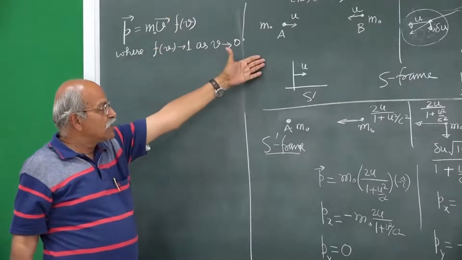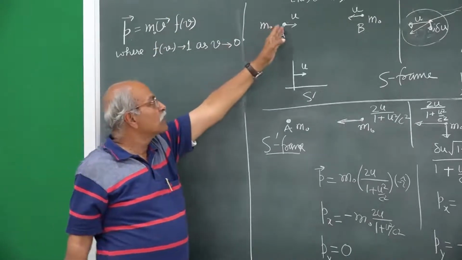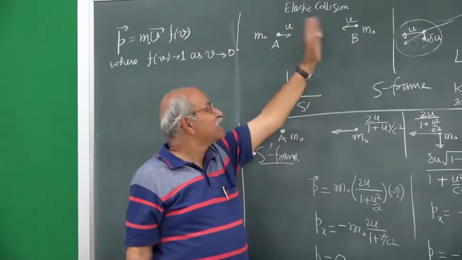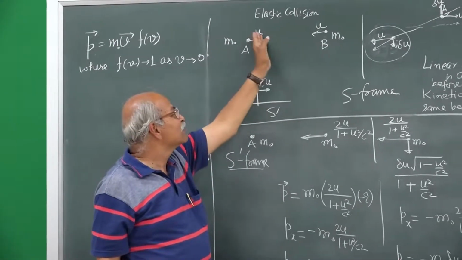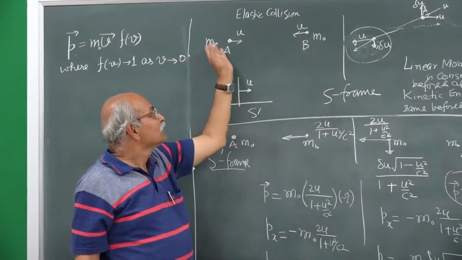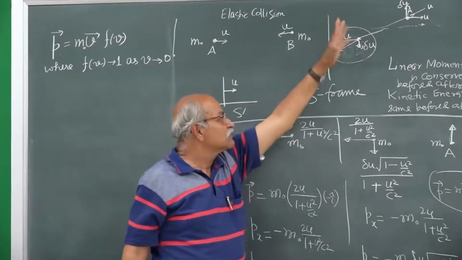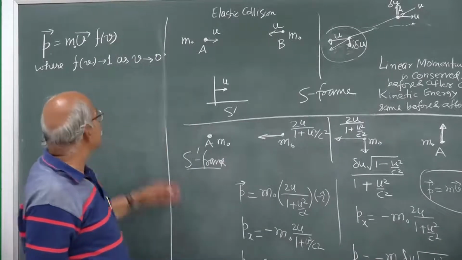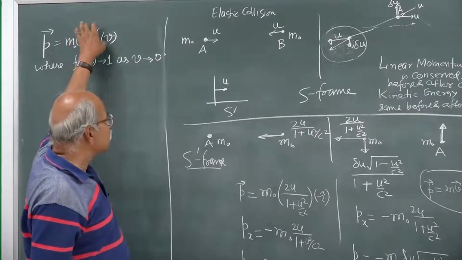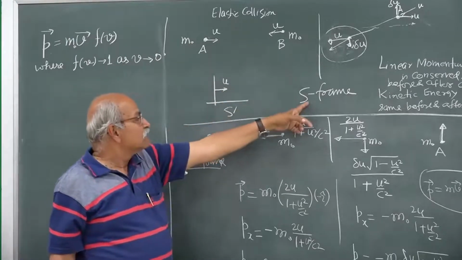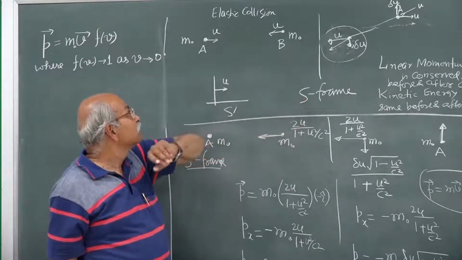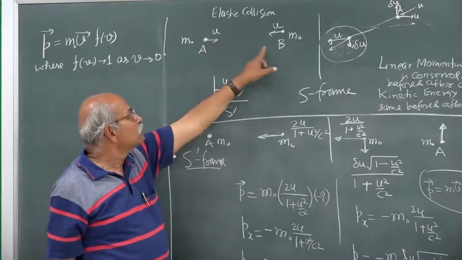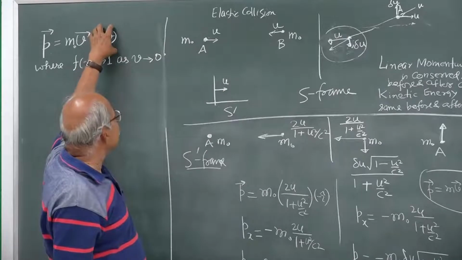So, we come to the same example once again, two particles of equal rest mass m naught and m naught going in opposite direction with same speed u, collide, and then they go this way. Now, if I look at the new definition of linear momentum in the S frame, what happens? This momentum and this momentum both are multiplied by the same factor f(v).